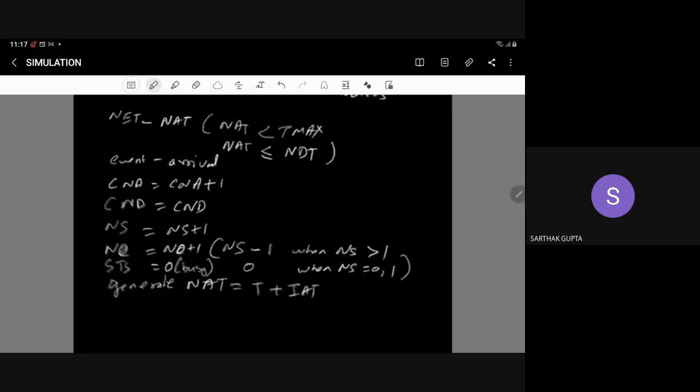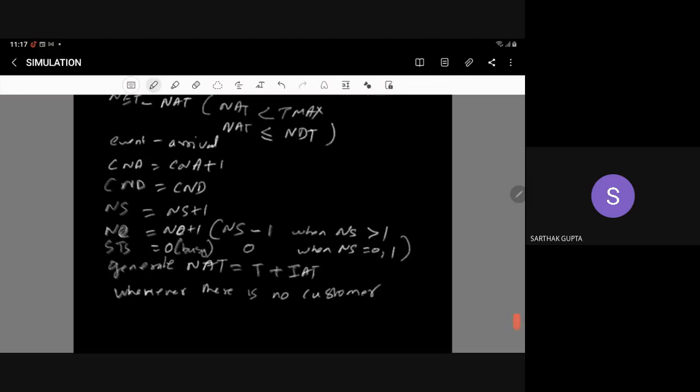Now, at what time do you have to generate the arrival again? Whenever there is no customer, that is, updated NS is equal to 0.